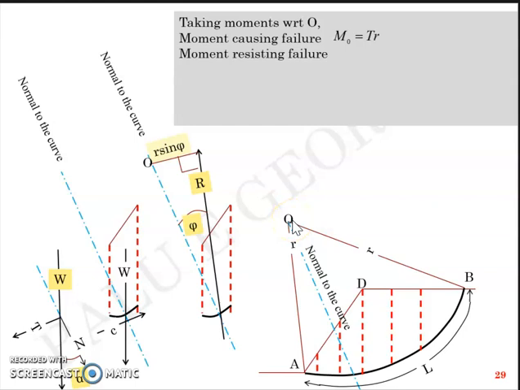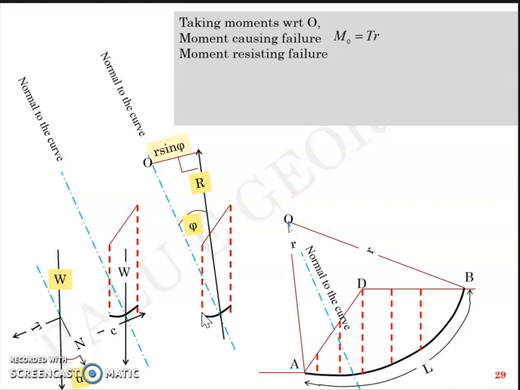Now in this case I can write it as C into delta L into R because I've taken just a small slice whose length in this direction is delta L. Now that takes care of the C part, or the cohesion part.